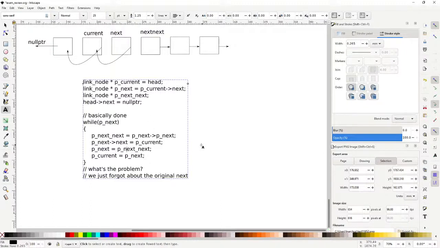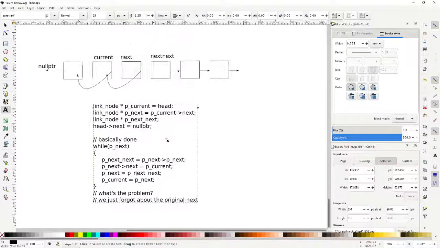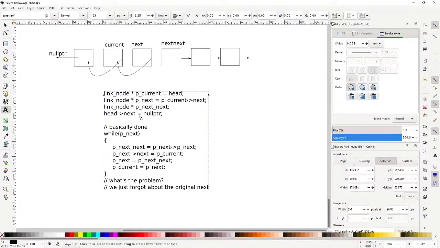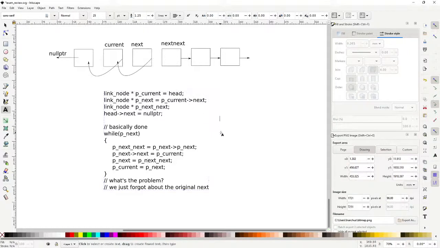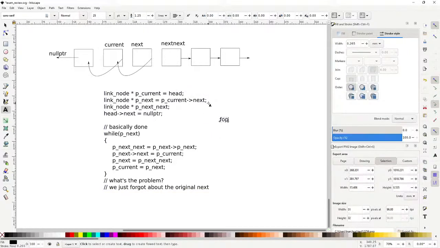So I think that's why we need 3. Maybe you can do it with less if you're creative, but I think maybe you need 3. This is just an example with 3 pointers. There's nothing wrong with 3 pointers, right? It's just an example.